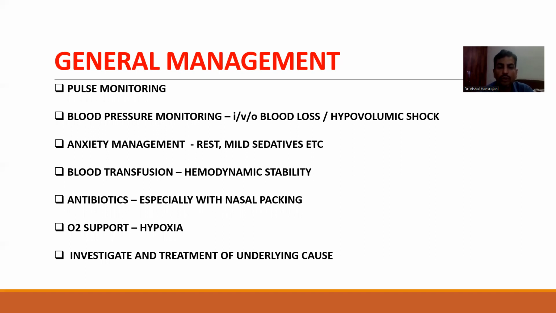Sometimes we can give some mild sedatives, but the sedatives cannot be very strong, because if by chance the bleeding happens again and goes back to the nasopharynx, a patient in deep sedation can aspirate the blood and can go into pneumonia.